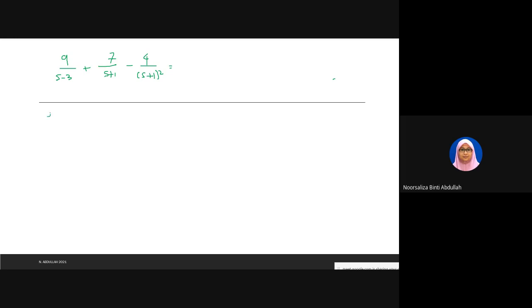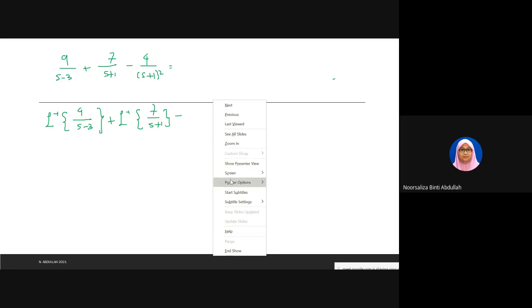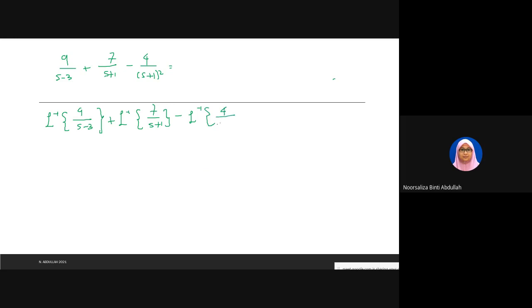You want to find the inverse of 9 over S minus 3 plus 7 over S plus 1, minus 4 over S plus 1 square.